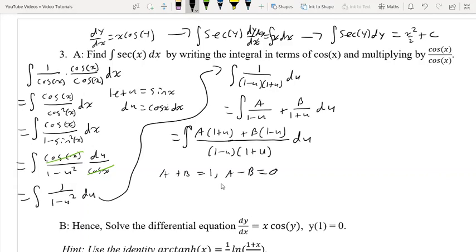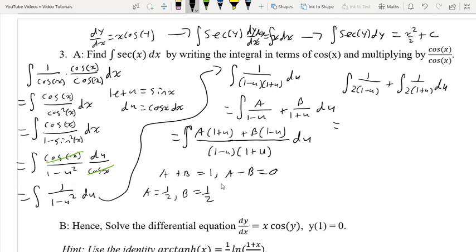So now if we solve for this, we're going to find that a equals 1 over 2, and that b equals 1 over 2. And so we're going to end up with the integral of 1 over 2 times 1 minus u plus the integral of 1 over 2 times 1 plus u du.